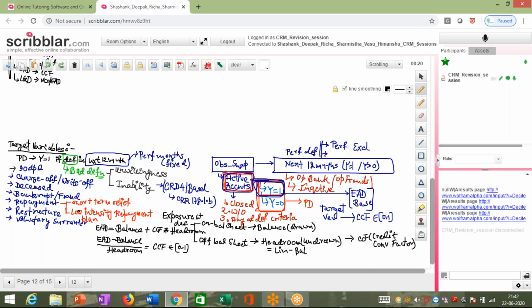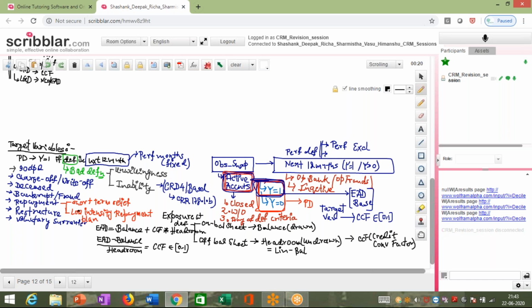So I need to find that EAD minus the balance is that rate. The balance is the balance at snapshot. EAD is the total exposure. So EAD minus balance shows the additional drawing that the person has done from the snapshot to the time of default, right? As a percentage of the headroom.